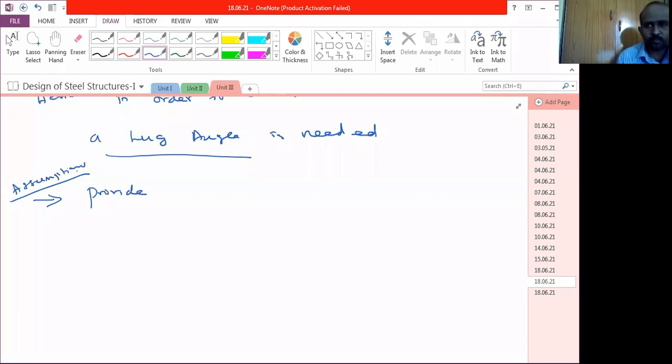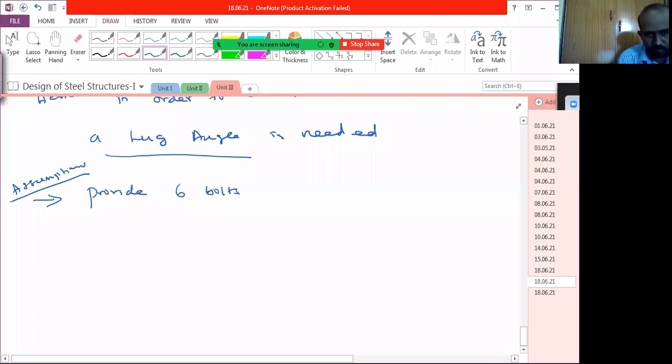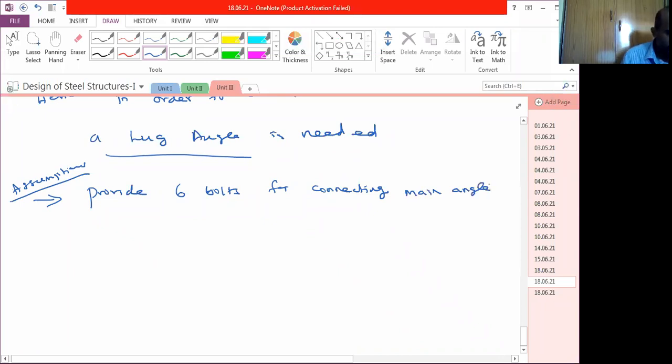So in that concept, we will learn many designs in our civil engineering field. What are we assuming here? Provide 6 bolts for connecting the main angle with the gusset plate.